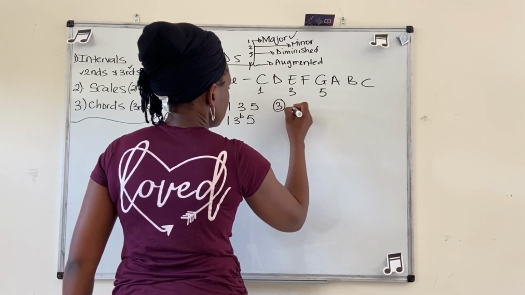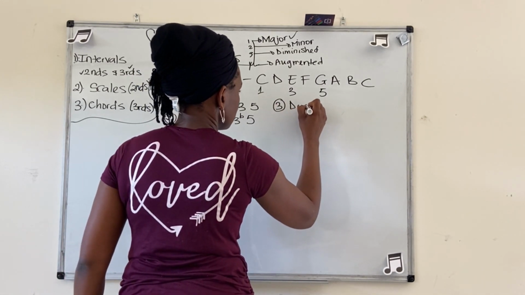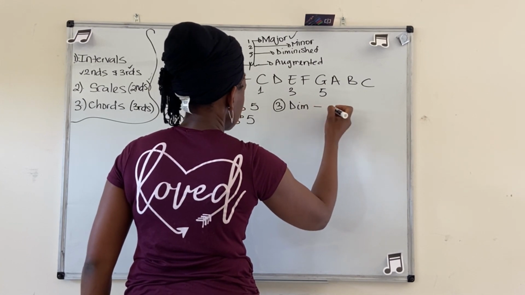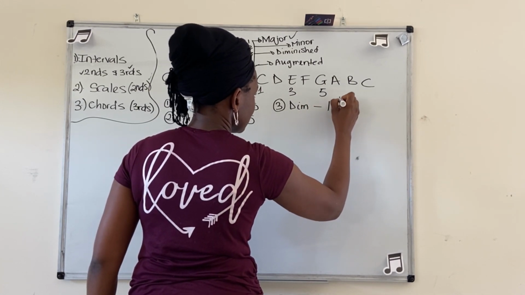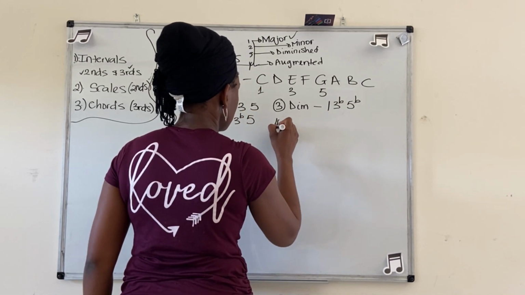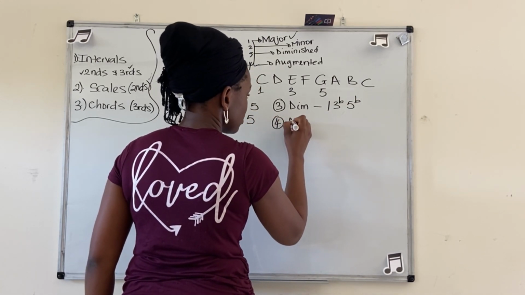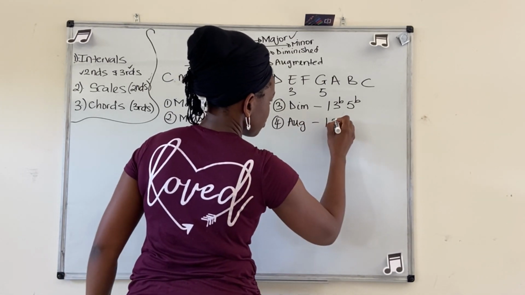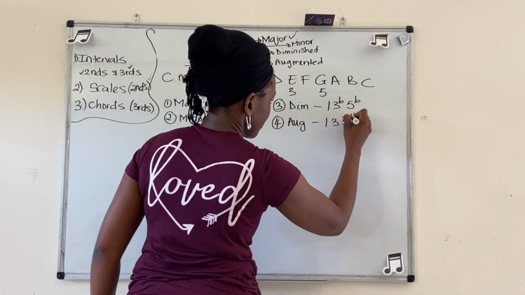Third, the diminished, or dim sometimes, has 1, 3 flat, and 5 flat. And fourth, our augmented, or aug, has 1, 3, and 5 sharp.